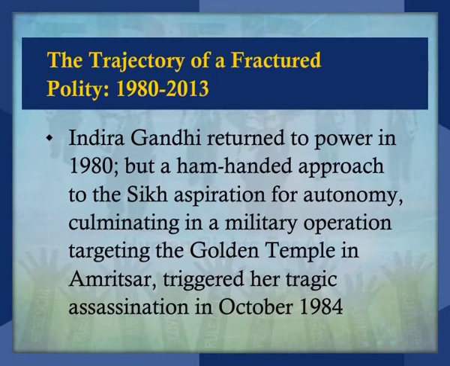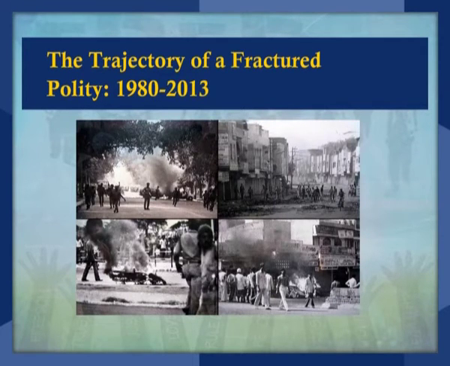Indira Gandhi returned to power in 1980, but a ham-handed approach to the Sikh aspiration for autonomy, culminating in a military operation targeting the Golden Temple in Amritsar, triggered her tragic assassination in October 1984. The subsequent anti-Sikh riots rocked Delhi and stoked the Khalistani movement for the creation of an independent Sikh state.